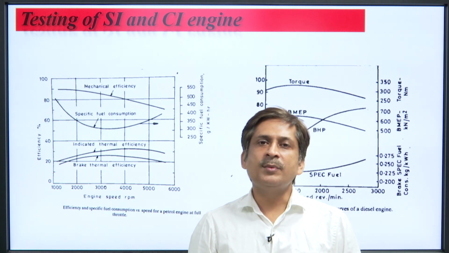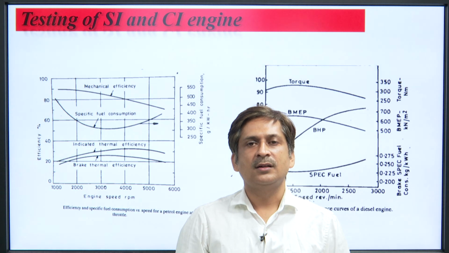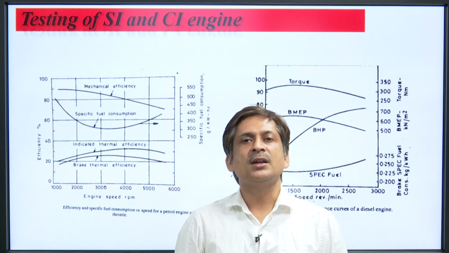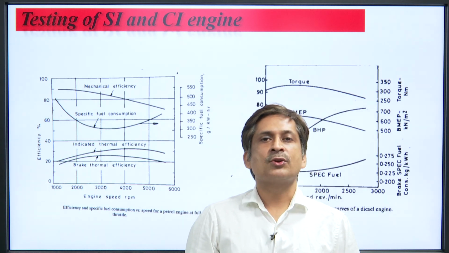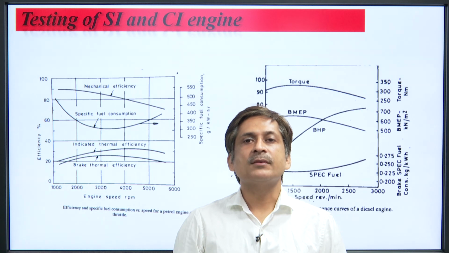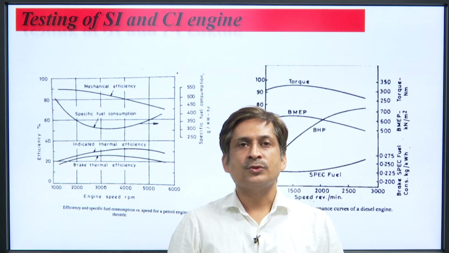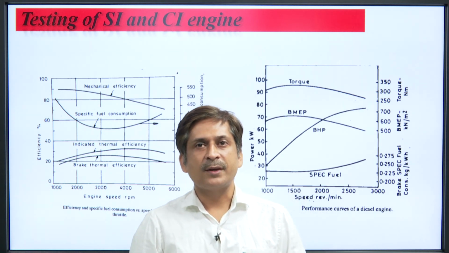So, what are the parameters for testing? We have discussed the performance parameters like brake power, indicated power, thermal efficiency, brake specific fuel consumption, exhaust gas temperature coming out from the engine, and torque.